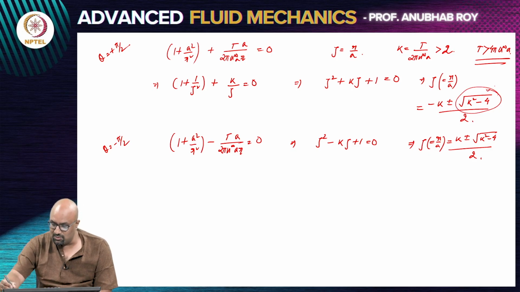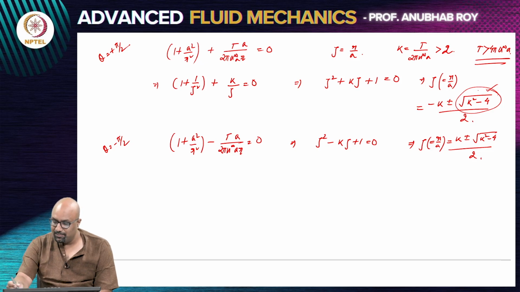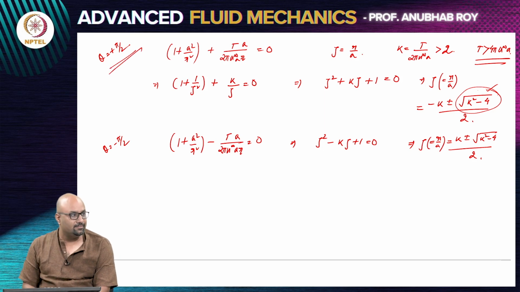So, that basically gives me a real number, but then here I am going to get the roots that I will get. So, the square root of k square minus 4 will always be smaller than k, correct? Square root of k square minus 4 is always smaller than k, which means all the roots for this case are negative.